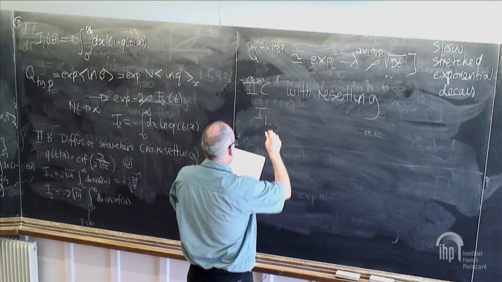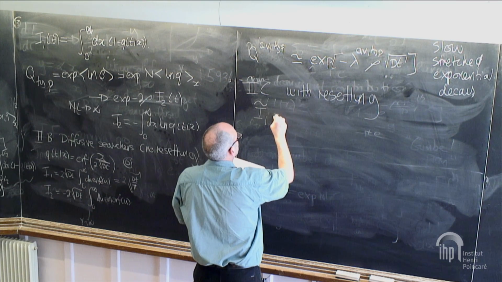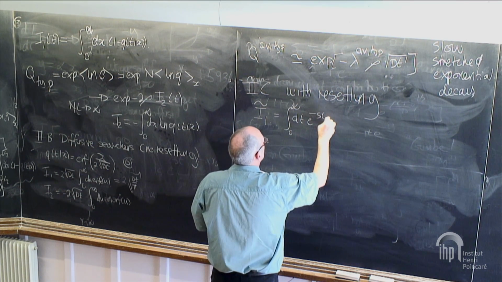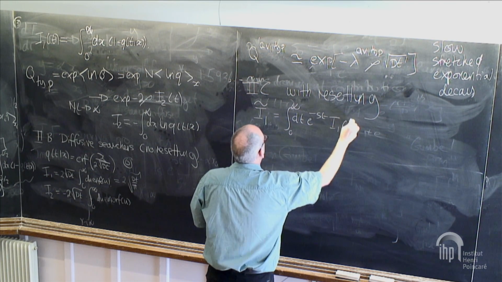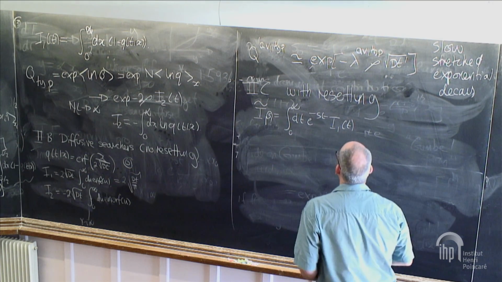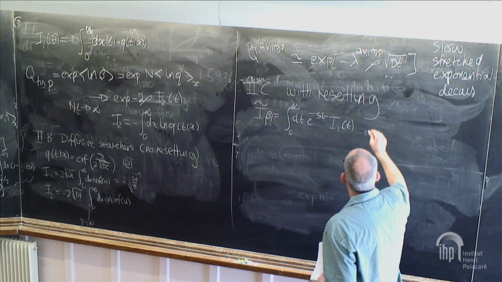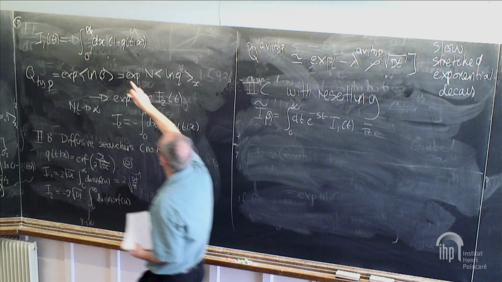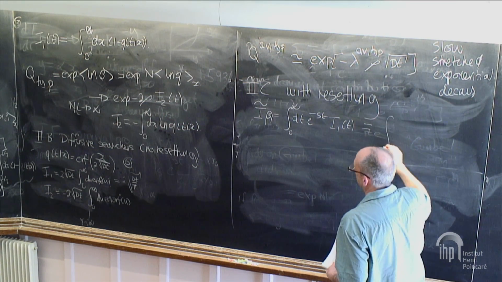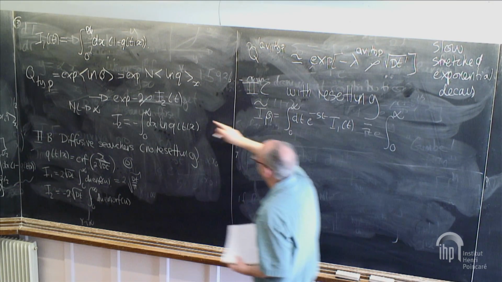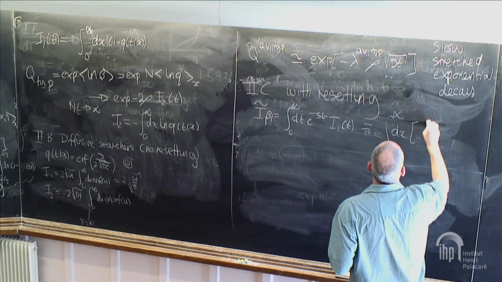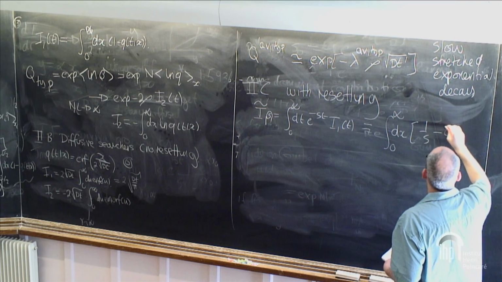So if I define I1 tilde, then from the first term, I'm going to get a 1 over s. So I get the integral with respect to x, and then I have a 1 over s minus Q tilde.